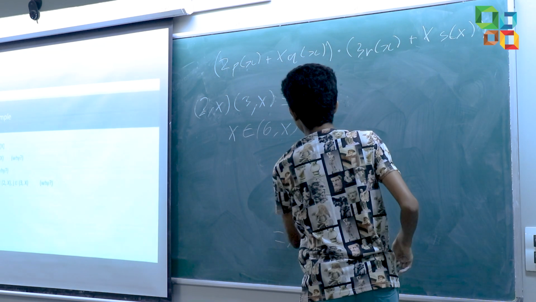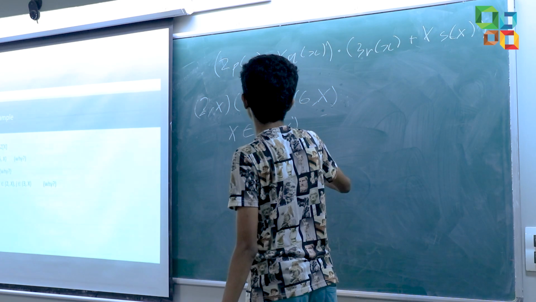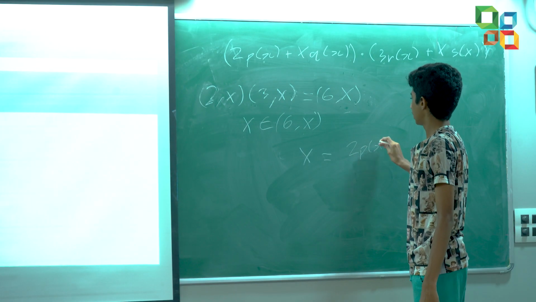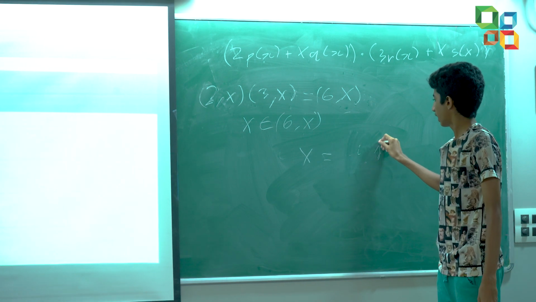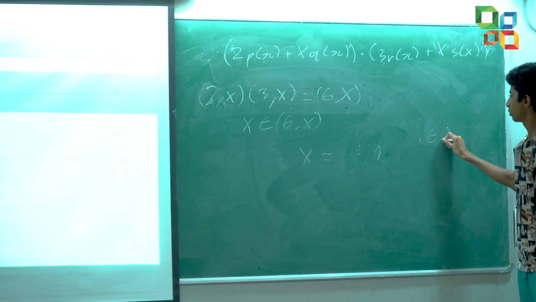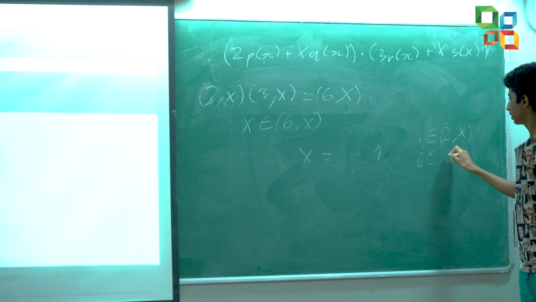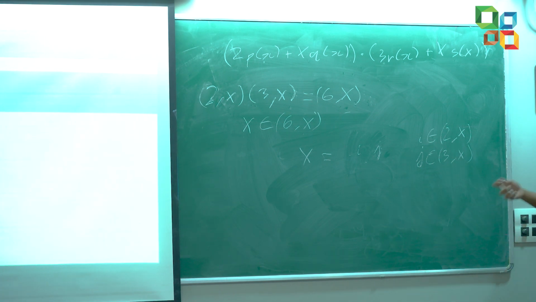But can you write x as some product of, let's say, i j, with i belonging to 2 comma x and j belonging to 3 comma x? Can you write it this way? Or try to come up with a contradiction on your own that it can't be written.